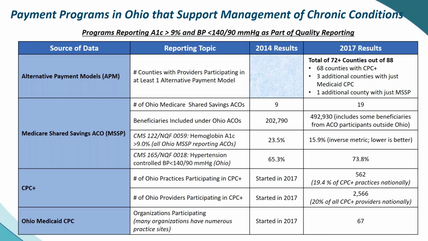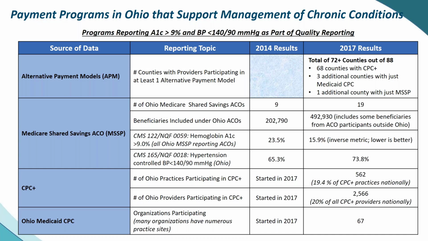We have 562 sites, which represents 20% of all the CPC+ in the country. We have over 2,500 providers, which again is 20% of all the providers in the country, in Ohio working under that model. And as you know, the CPC+ model is based upon a PCMH model.